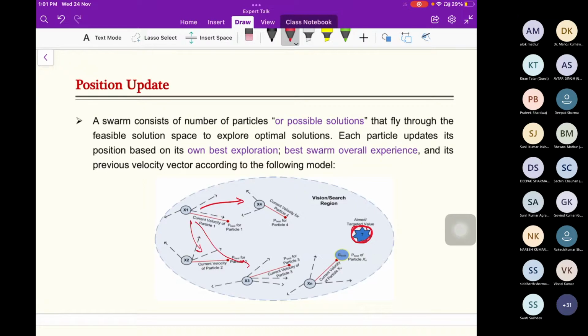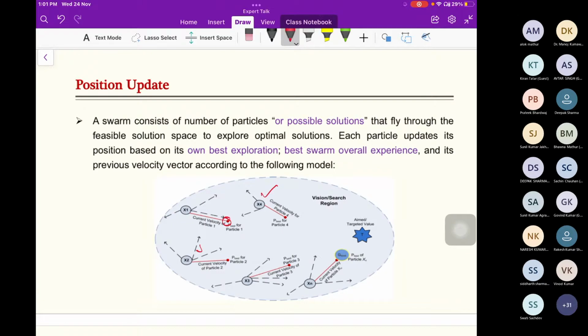In these conditions, x1 can move in three different directions, but the target is in this one direction. So that's why it updates its position. In particle swarm optimization, we can say the birds are like particles.